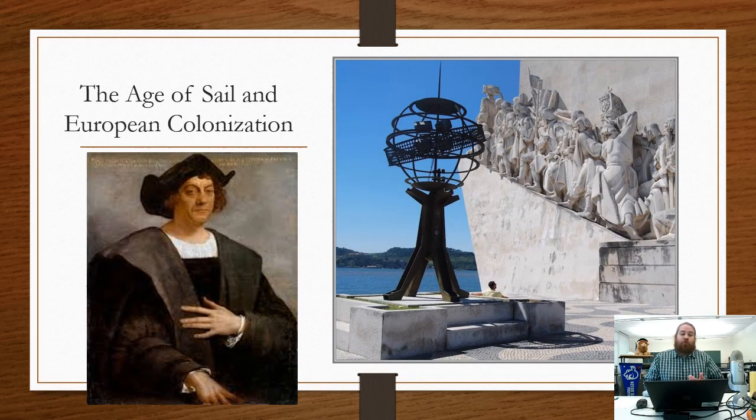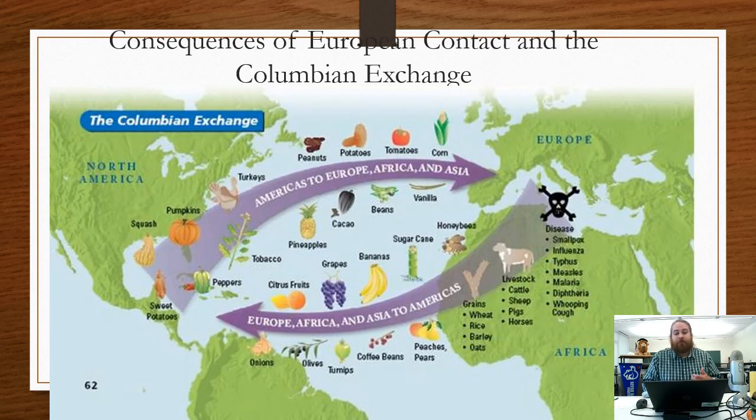So we pick up the story with the Age of Sail and European colonization. The Christopher Columbuses, Portugal, Spain, traveling the world and setting up these colonies. What this ends up doing for the United States is that it kicks off the idea that there will be future colonies in what is now considered the United States.